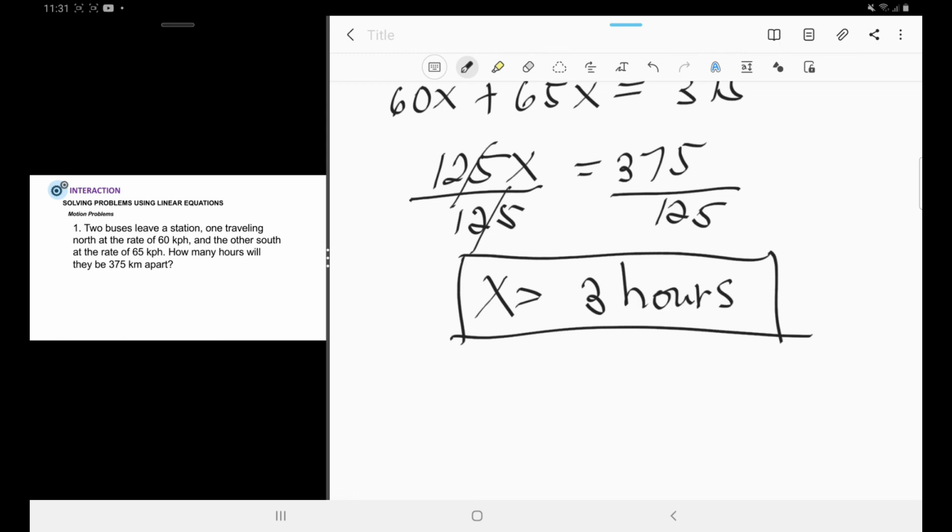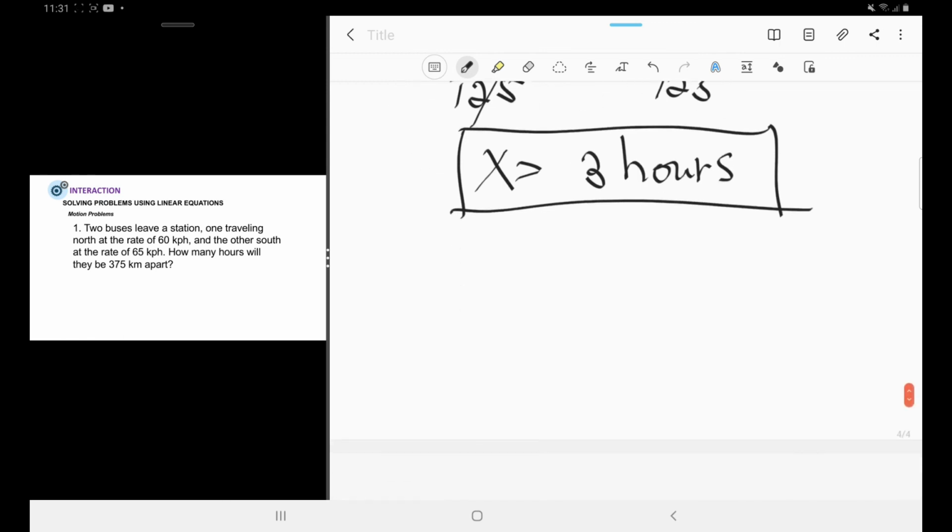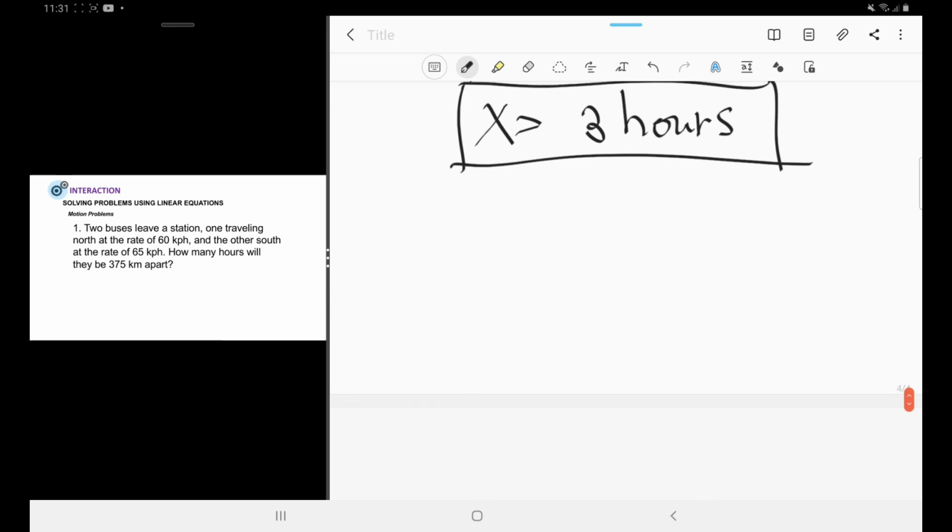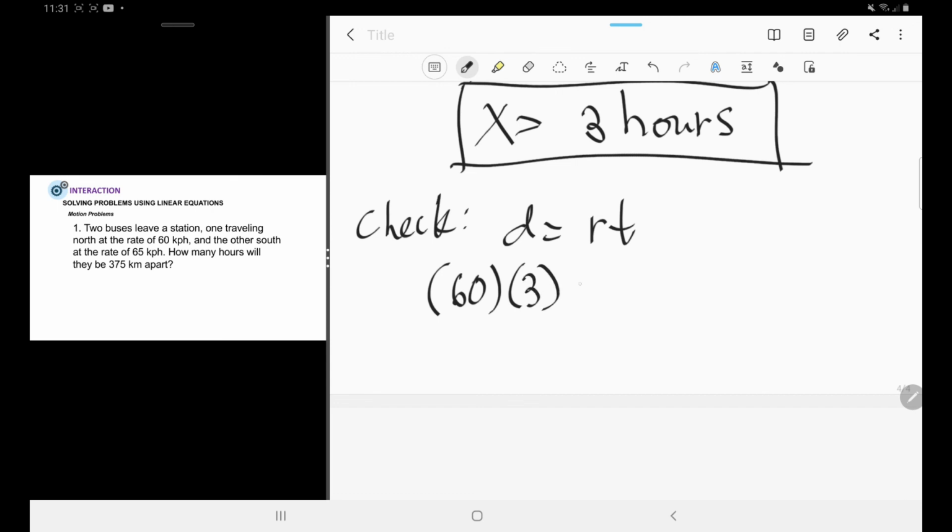Okay, so let's try to check our answer. Bus 1 is traveling at 60 kilometers per hour. Take note that the distance is equal to rate times time. So 60 times 3 is equal to 180 kilometers.